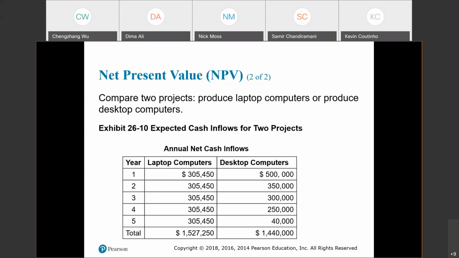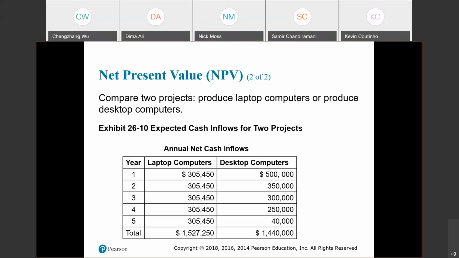As you can see on this slide, the laptop project generates more net cash flows, but the desktop project brings in cash sooner. So, from the first glance, our decision is the laptop project simply because it generates more cash inflow.